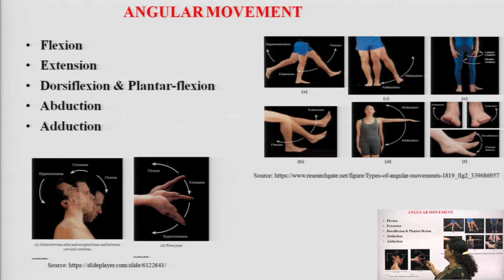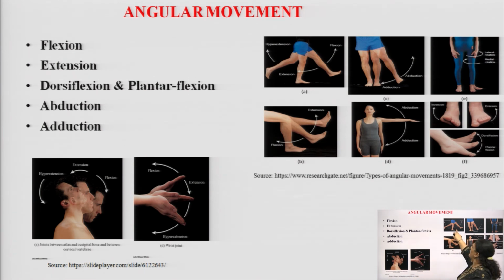The second is, you will see in the hand again flexion and extension, with the help of the wrist bones, the carpals. In the hand we have carpals, in the leg we have tarsals.